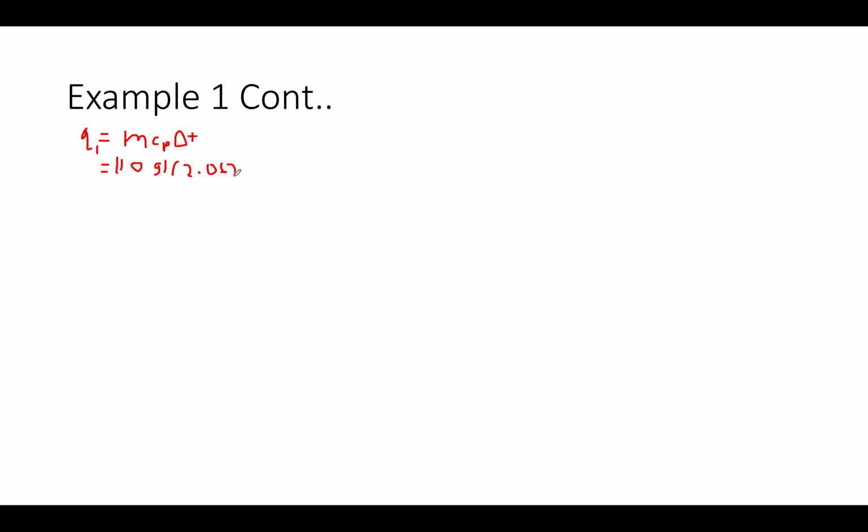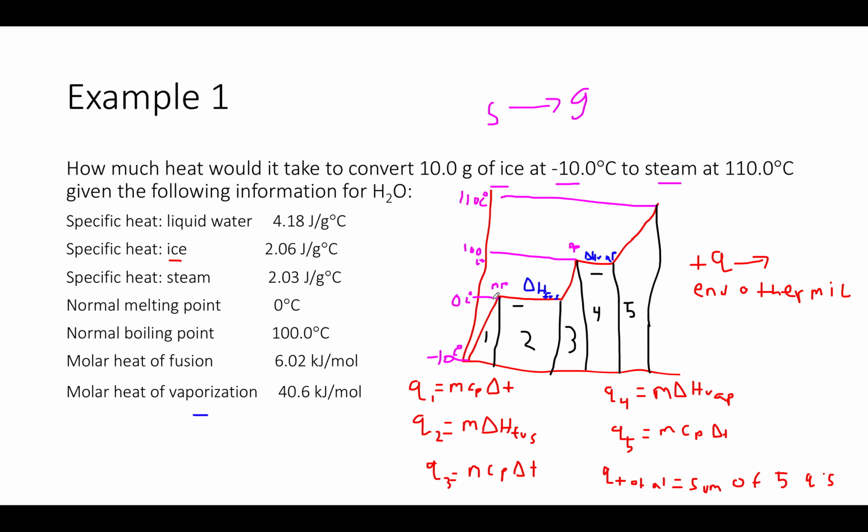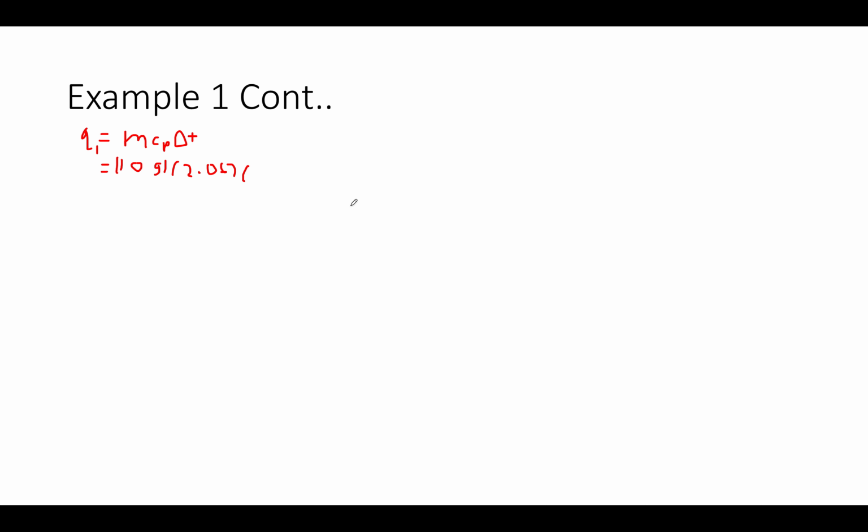The change in temperature, delta T, would be 0 minus negative 10, or just 10. So Q1 comes out to be 206 joules. So all of our answers should be in joules.